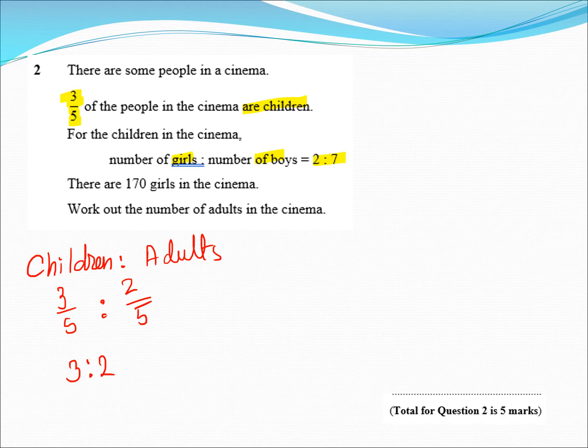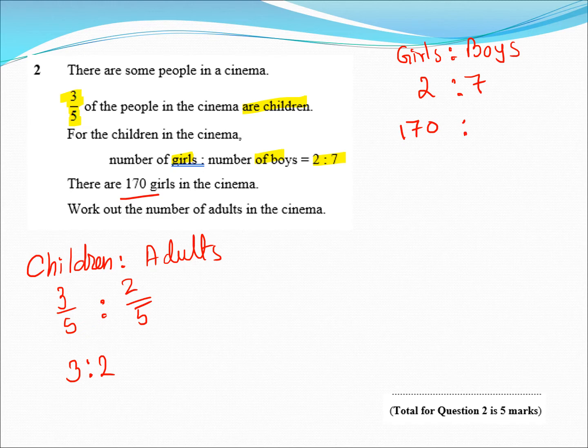Okay, now let's keep that there and let's work with the rest of the information. Here we see for the children in the cinema, girls to boys is 2 to 7. There are 170 girls in the cinema, so let's write the 170 underneath the 2.